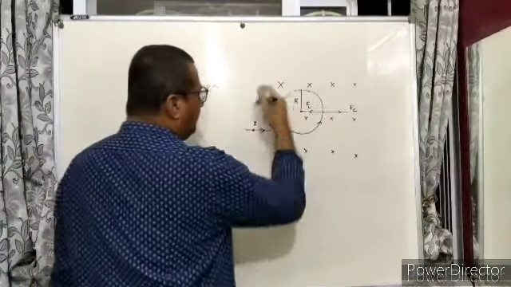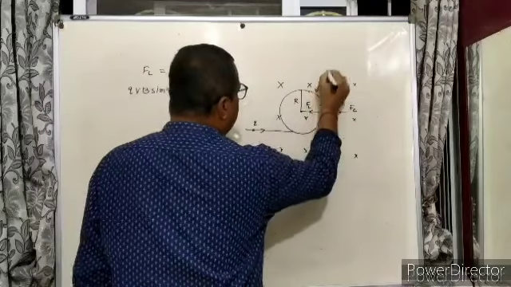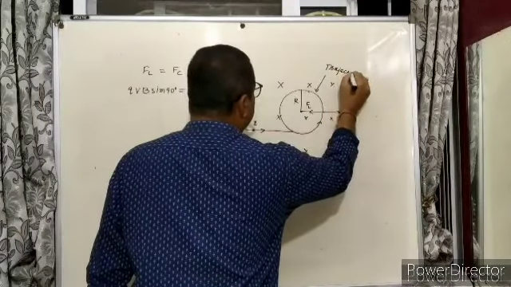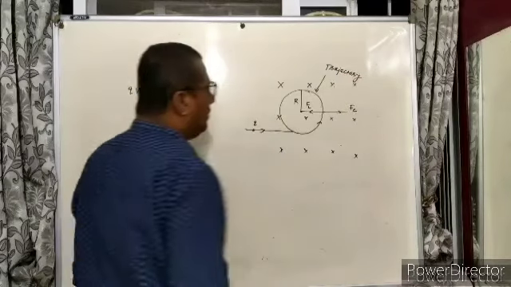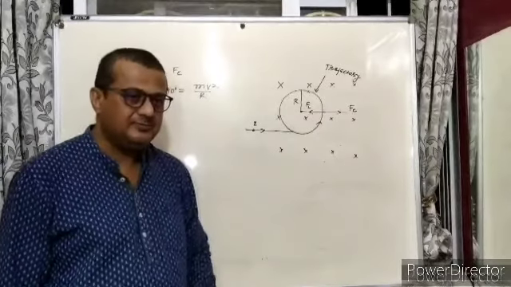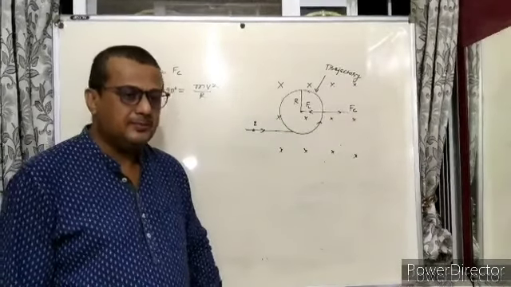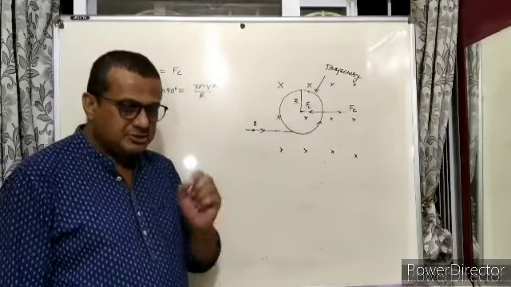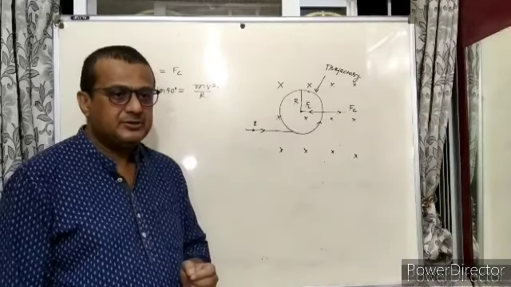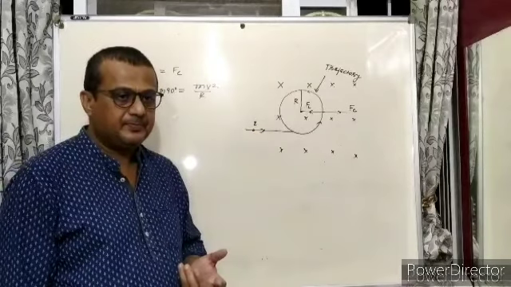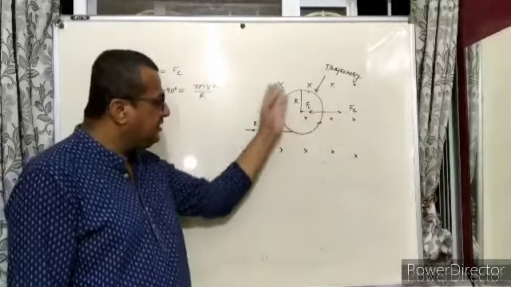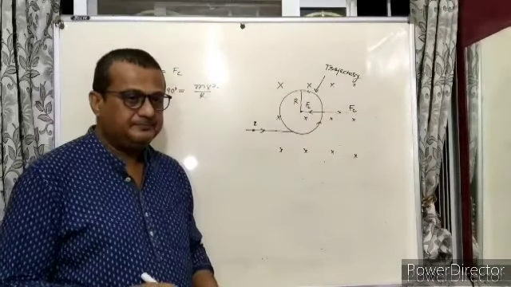This circular path is also called the trajectory of the particle. You have read trajectory in projectile motion in class 11. Trajectory means the path through which the charged particle moves. So in this case the trajectory is a circular path.